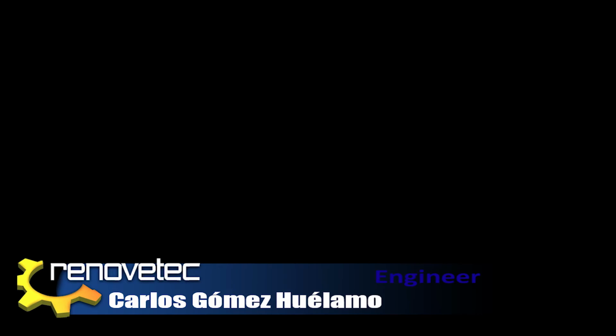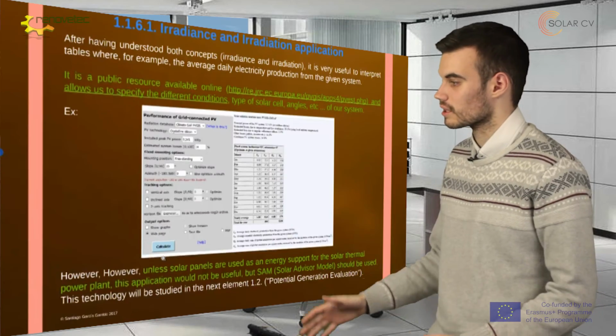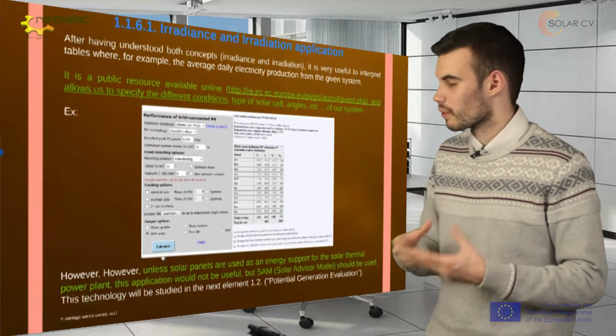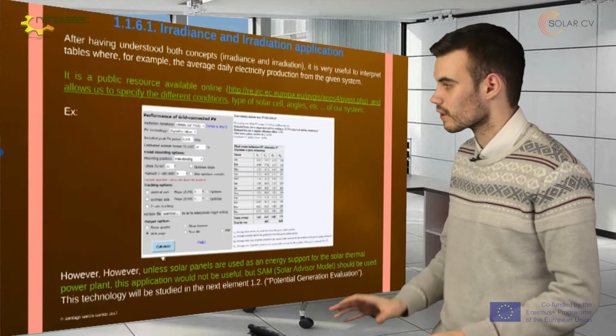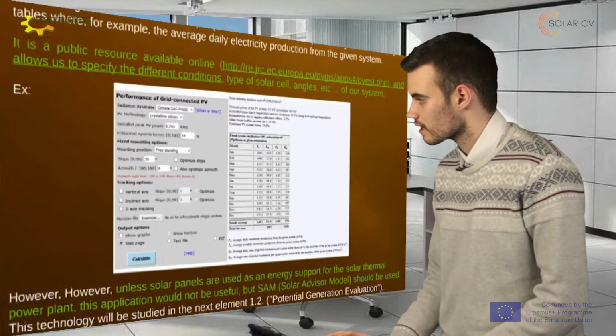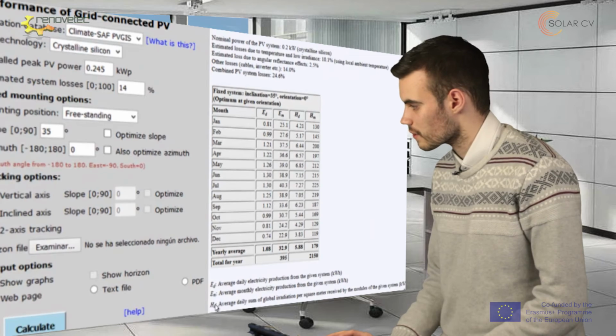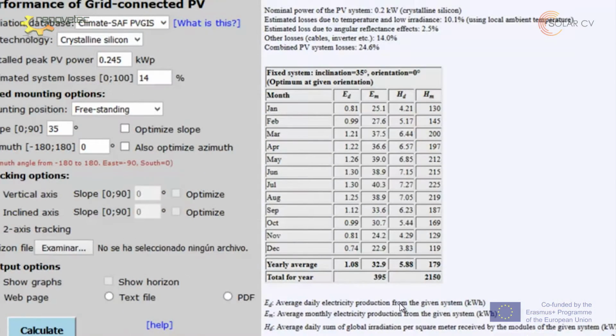If this plant were a thermoelectric plant, we could apply this source, although it's not going to be useful for our purposes, it's very useful to understand this. Here we can see the average daily electricity production for the given system in kilowatt hours. EM is the same. HT is the average daily sum of global irradiation, and some concepts that you would be able to understand.